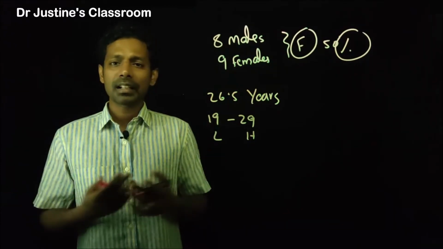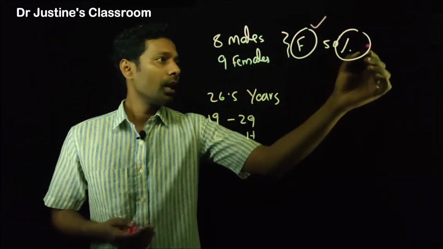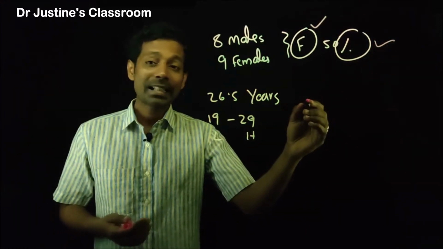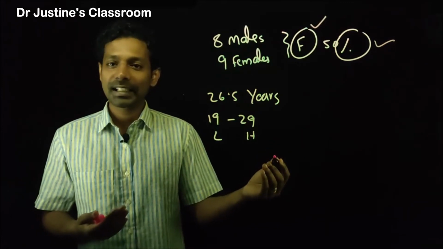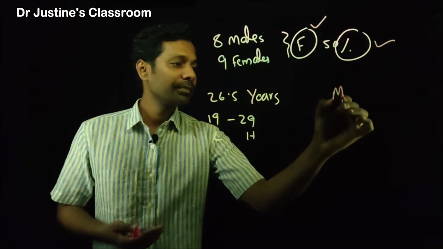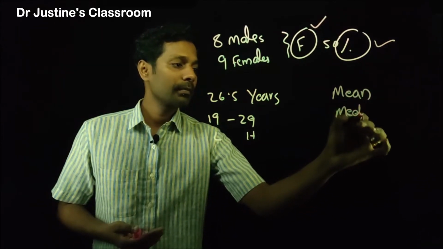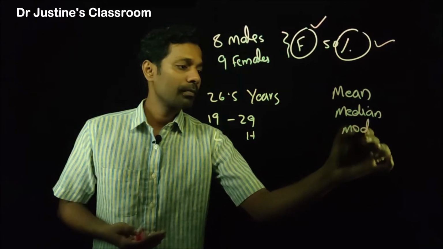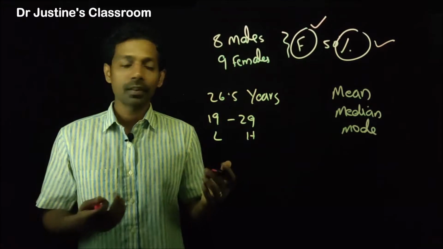So what are the major classifications here? One is the frequency distribution, another one is the percentage, and another one is measures of central tendency. What are the measures of central tendency? That is mean, then median, and mode. And the other set is measures of dispersion. What are the measures of dispersion?